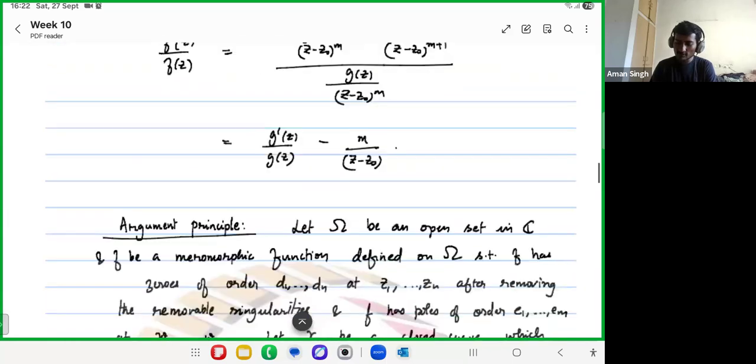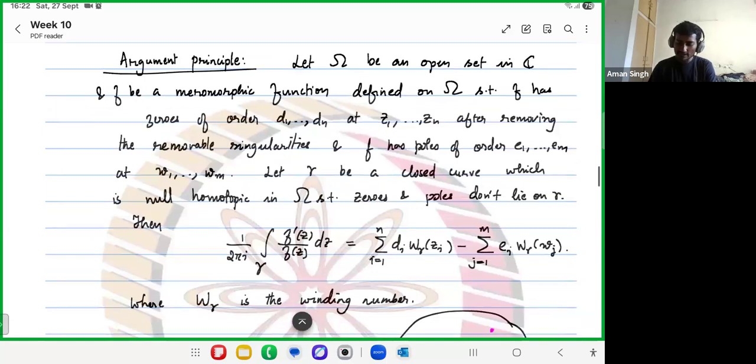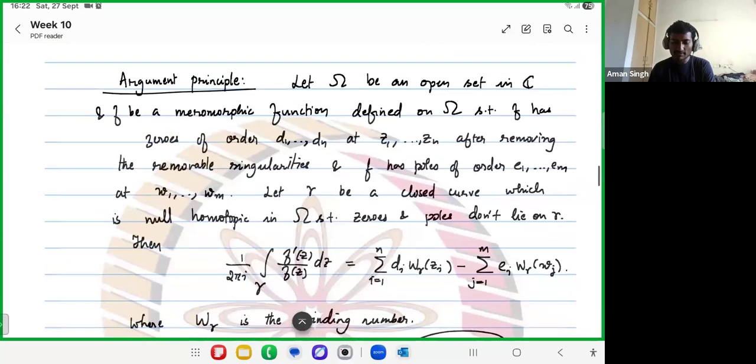I hope you have gone through the classroom, so I'm not going to talk about everything, but let's see this theorem, the argument principle. Omega is an open set in C. f is a meromorphic function defined on omega. f has zeros of order d1, d2, ..., dn at z1, z2, ..., zn.